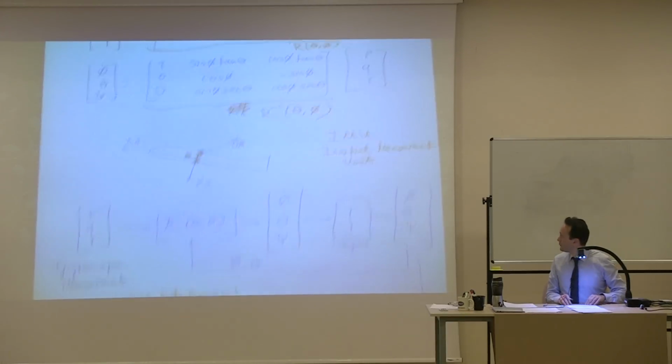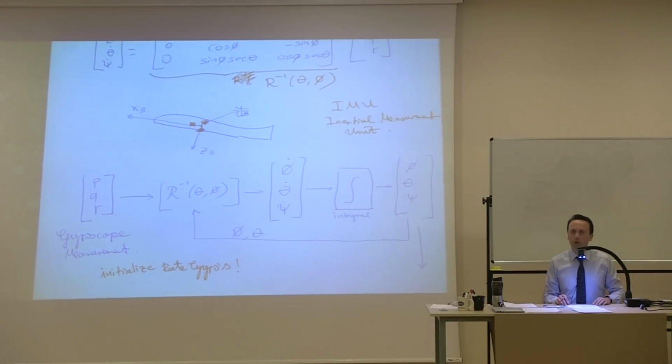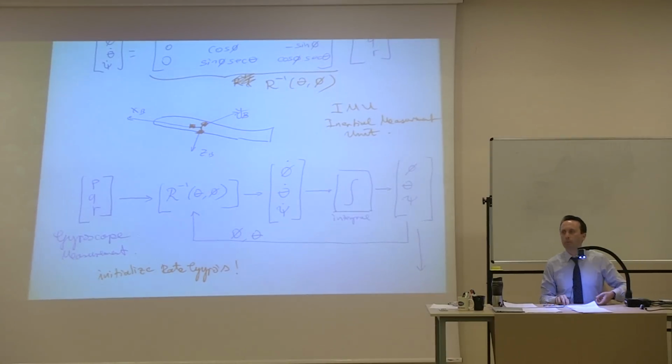Yes, this is absolutely what I need to do. Good. This is problem number one. Every rate gyro needs to initialize. IMU needs to initialize. INS needs to initialize. That's what it means. What else? Do you see any other problem?